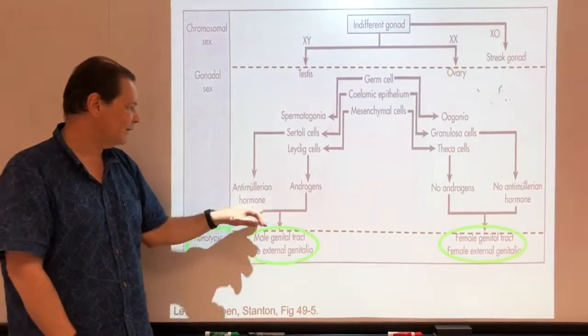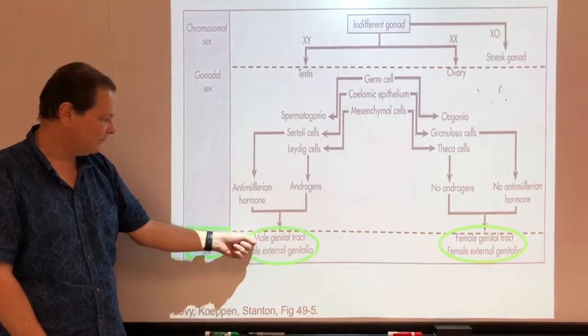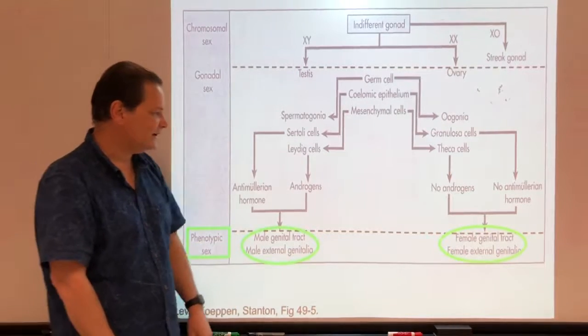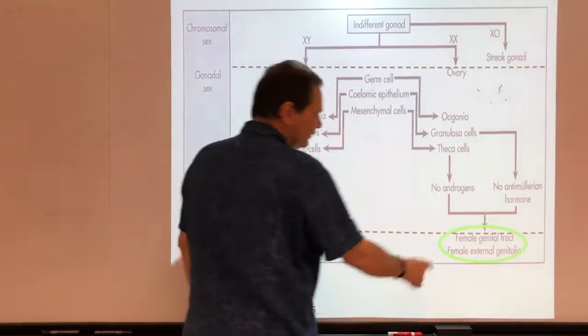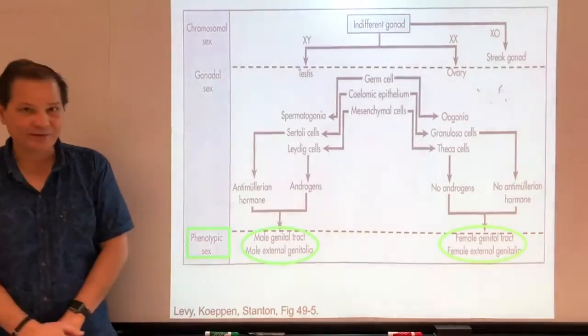If you have anti-Mullerian hormone and androgens, you normally develop a male genital tract and a normal male external genitalia. If you do not have androgens or anti-Mullerian hormone, you end up with female genital tract and female genitalia.